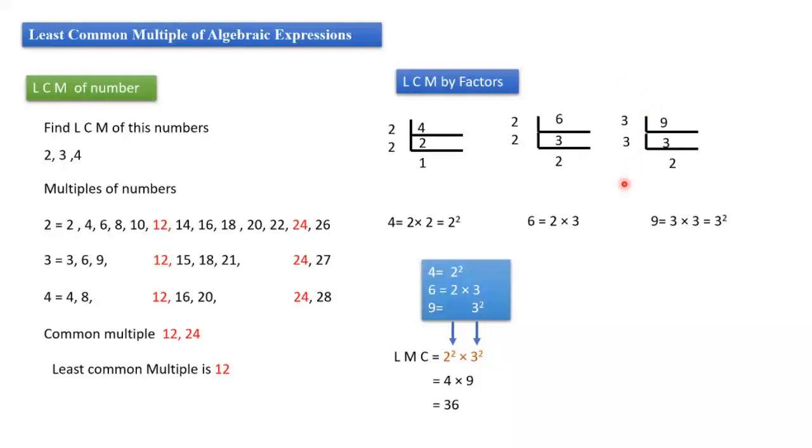Okay, now another method you have done in grade 7 is the LCM by division method. You are very familiar with this method. You write 4, 6 and 9 in one row, then divide by 2. If a number is divisible by 2, you divide.